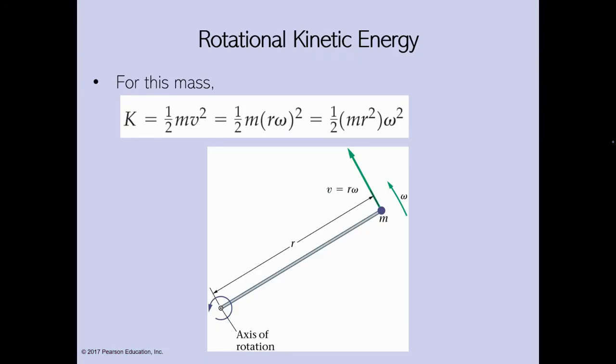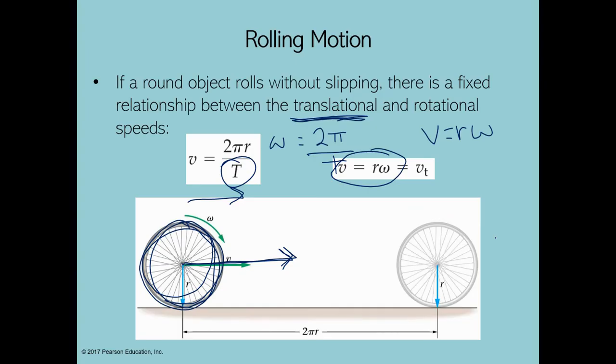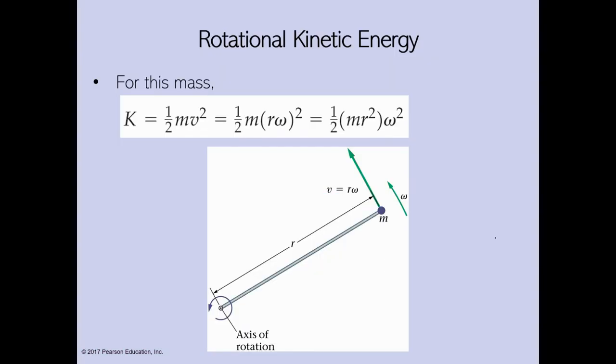For any mass that's rotating in a circular motion, we can find the kinetic energy that is associated with it. So we're going to swap out our linear velocity term with the angular velocity term, because normally we would have kinetic energy equals 1/2 mv squared, but we are talking about angular motion. And over here, we see v equals r omega.